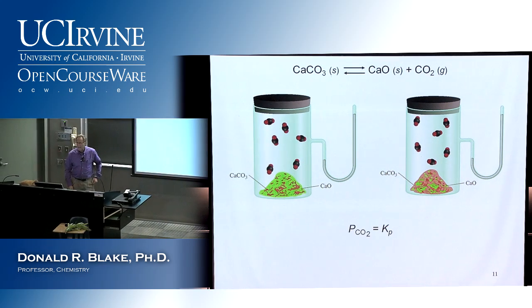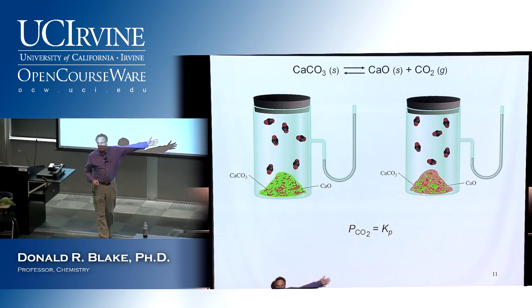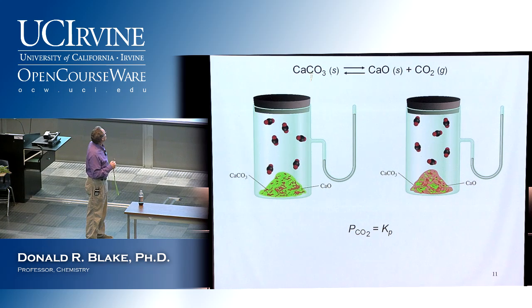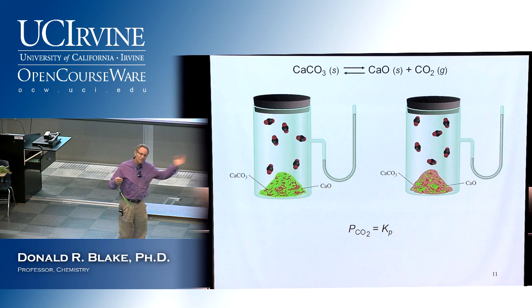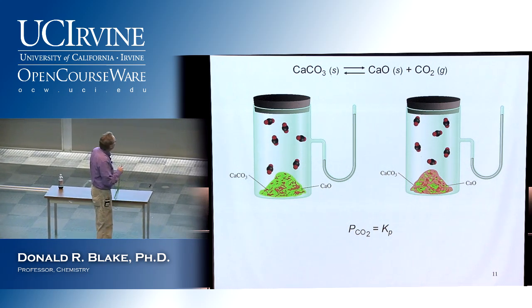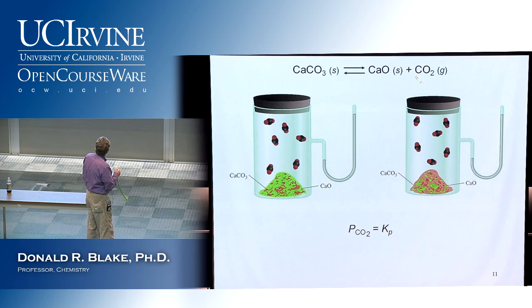So look at that. K sub P is equal to the products over the reactants. This doesn't count. That's a 1. You give these guys a 1. The solids get a 1. So basically you've got the pressure of CO2 times 1 for that over this, which is 1.